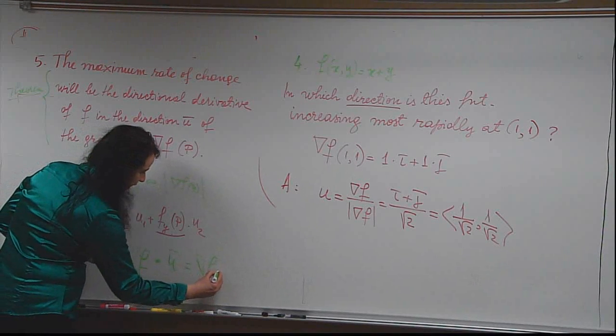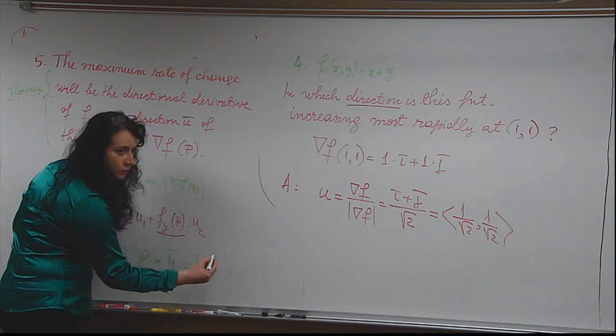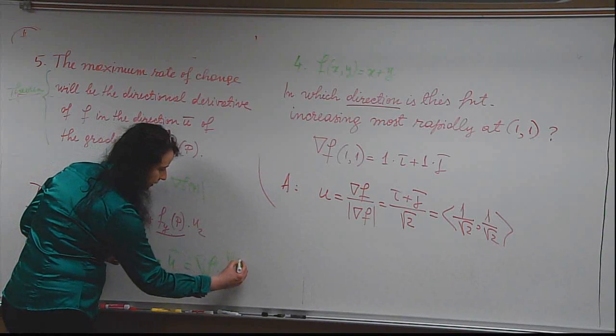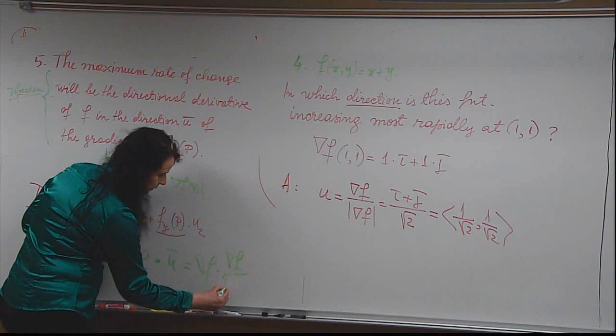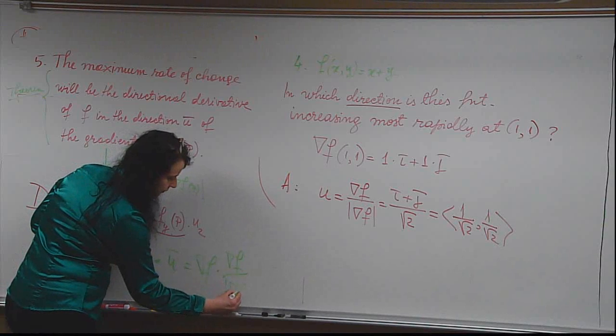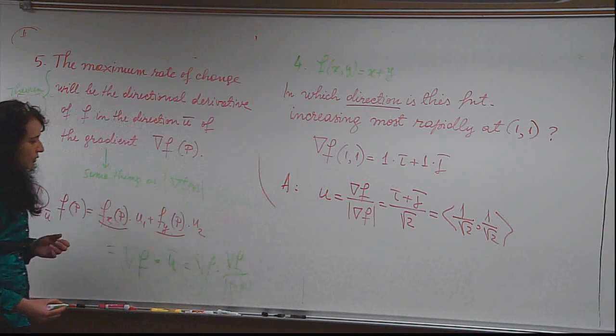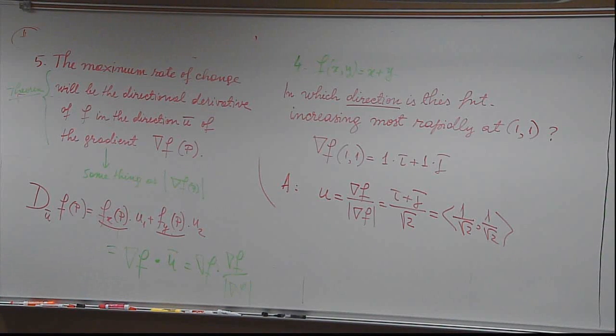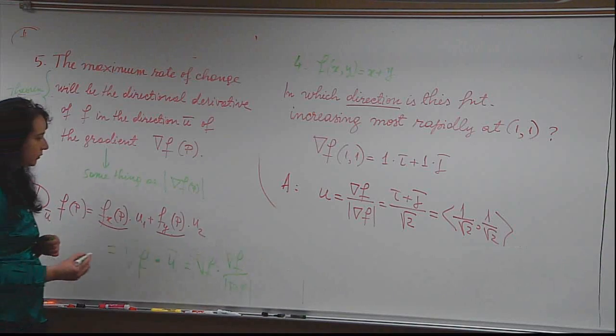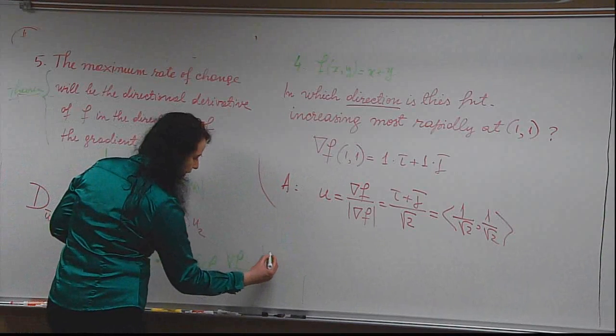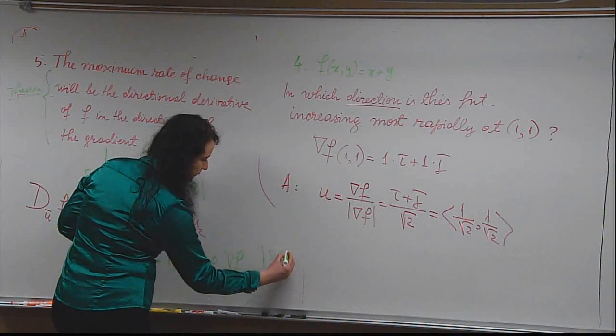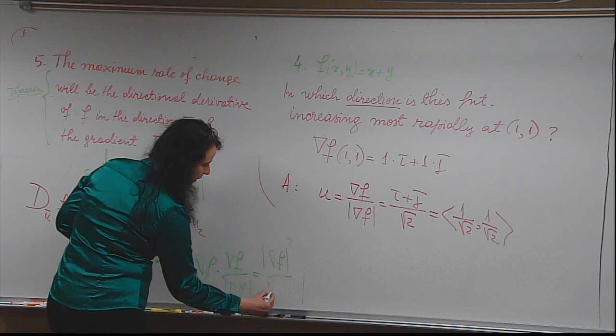If I'm talking about the highest rate of change, then u itself is the gradient of f over the norm, the length of the gradient. So what is the answer? That is nabla f dot nabla f, which will be exactly the square of the norm, the square of the length, divided by the length.